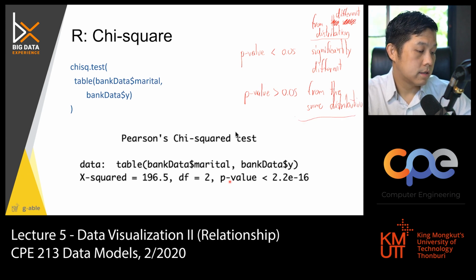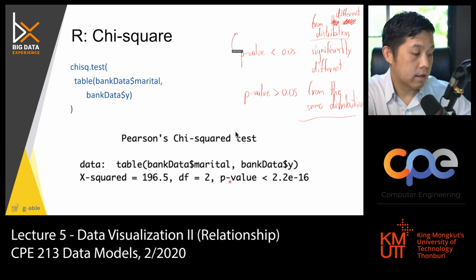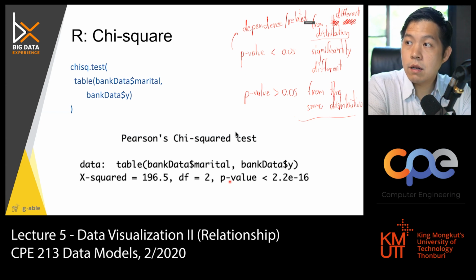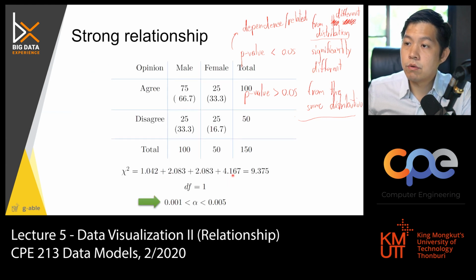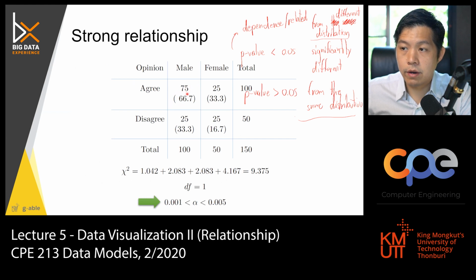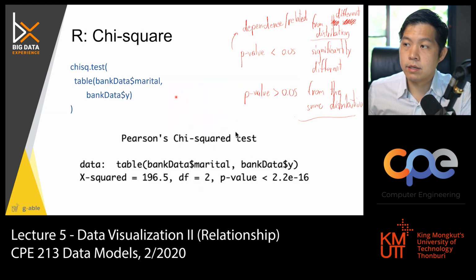Which means, in our case here, less than 0.05 would mean that in terms of chi-square, they are dependent or related, because when you look at the proportions, they are different from the expected value, if they were not related to one another in terms of the distribution here.